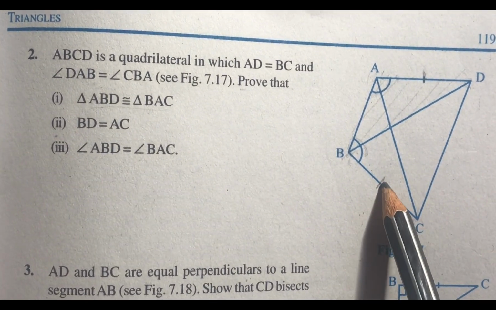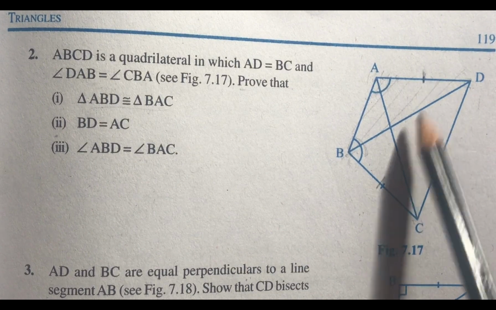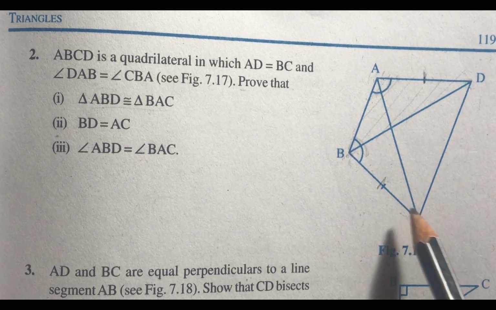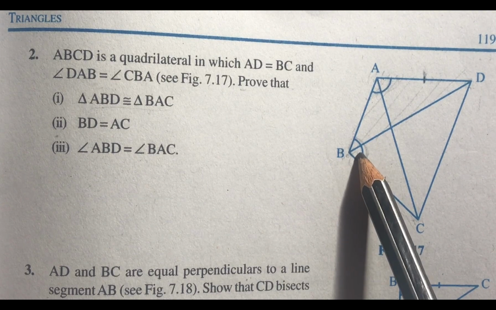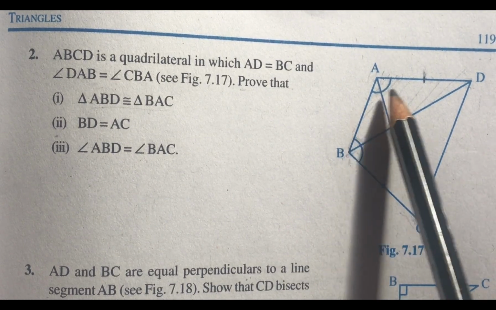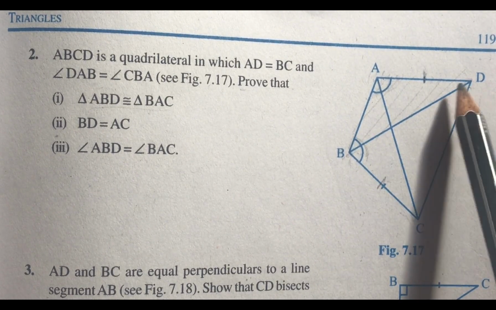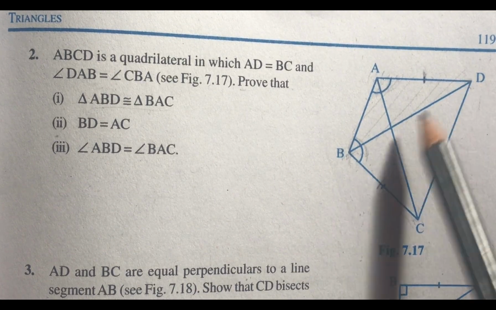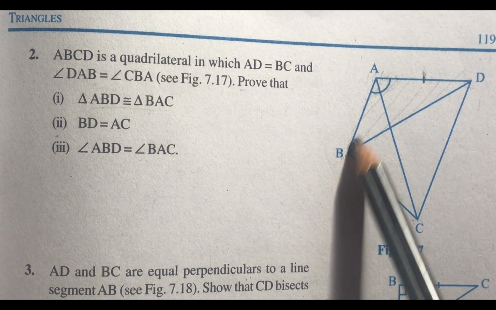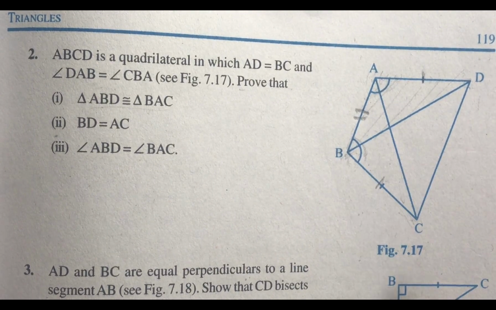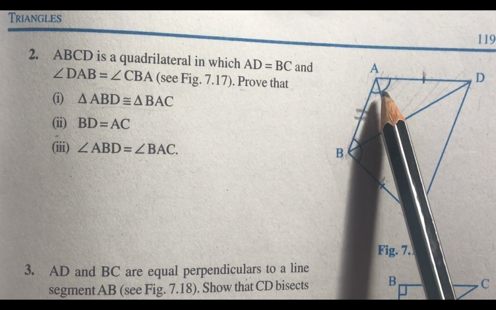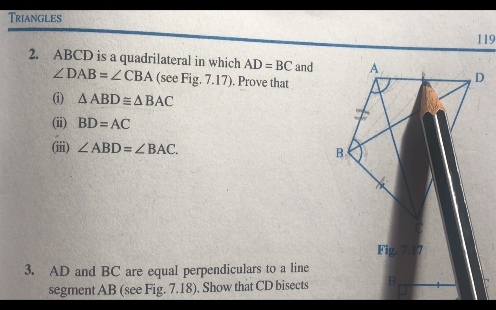Here these two sides are equal, that is given, and also these two angles are equal, given, and also in triangle ABD and triangle BAC, this is a common side. So side, angle, side.